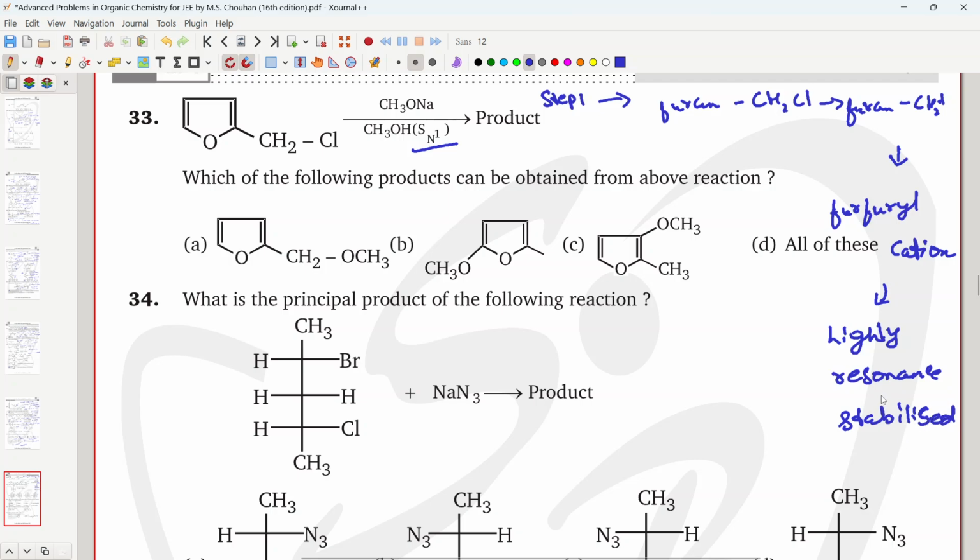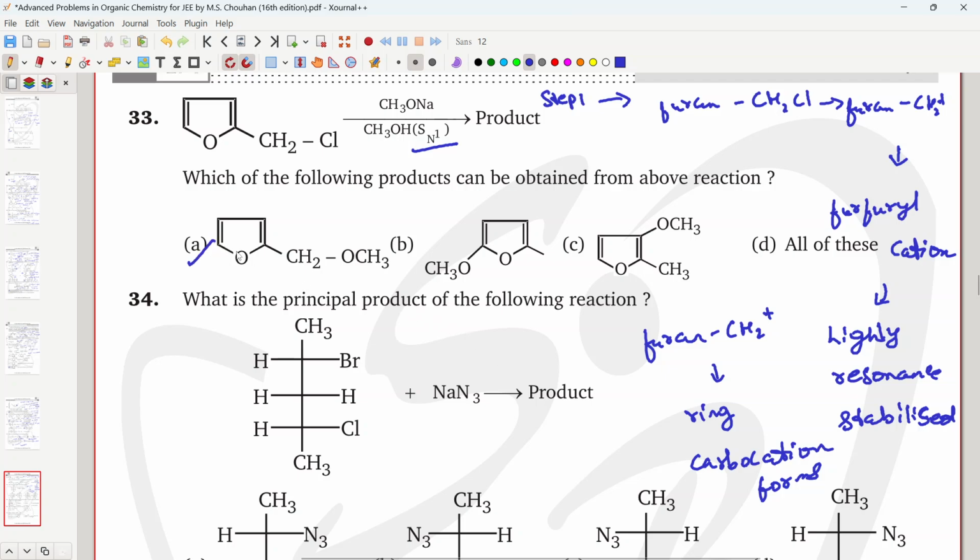Okay, so the positive charge can delocalize. Furan CH2 plus, ring carbocation forms. Thus, the methanol can attack at the CH2 carbon. It gives furan CH2OCH3.